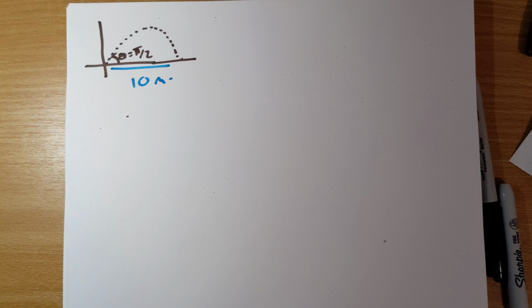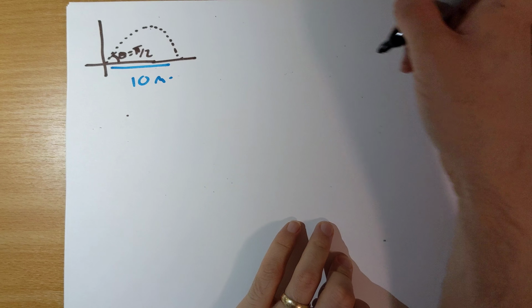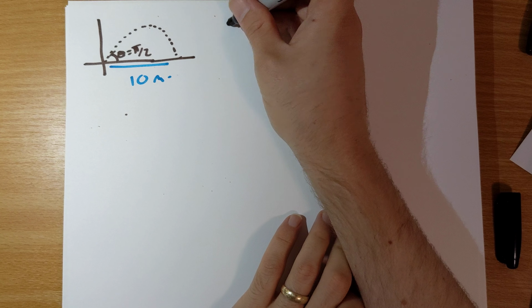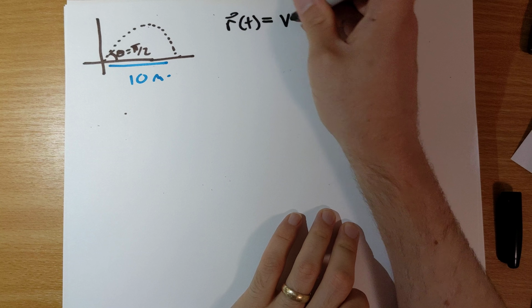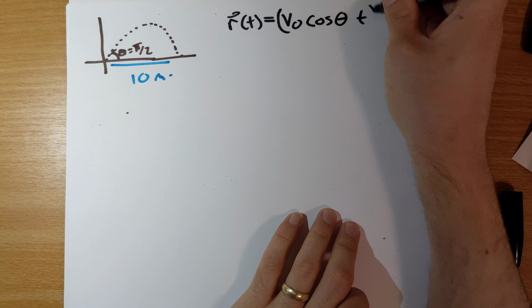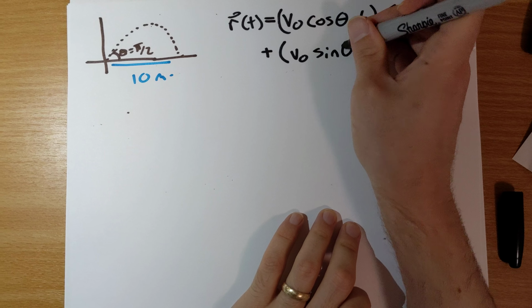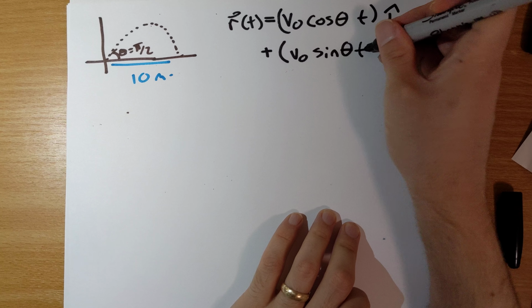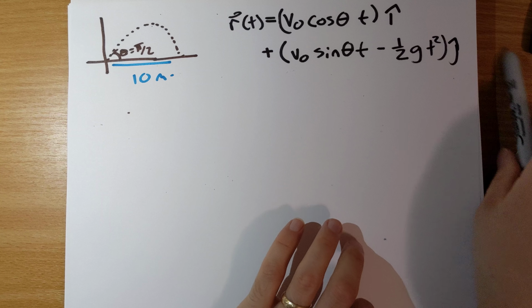Now we should remember our formula for ideal projectile motion. r of t is going to equal v naught cosine theta times t, all that times i hat, plus v naught sine theta times t minus 1/2 gt squared times j hat.